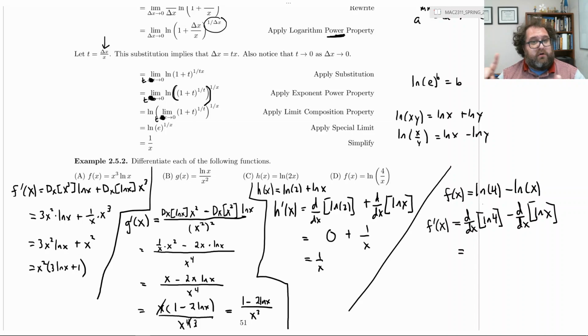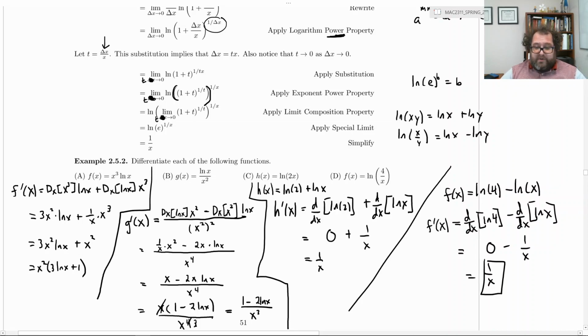So natural log of 4 is some number between 1 and 2. It's just a constant. And the derivative of a constant is 0. Minus the derivative of natural log, 1 over x. So our answer is 1. Oh, no, it's not 1 over x. Negative 1 over x. There we go.